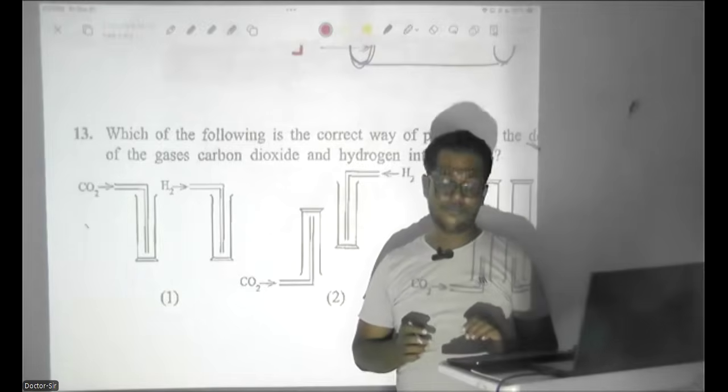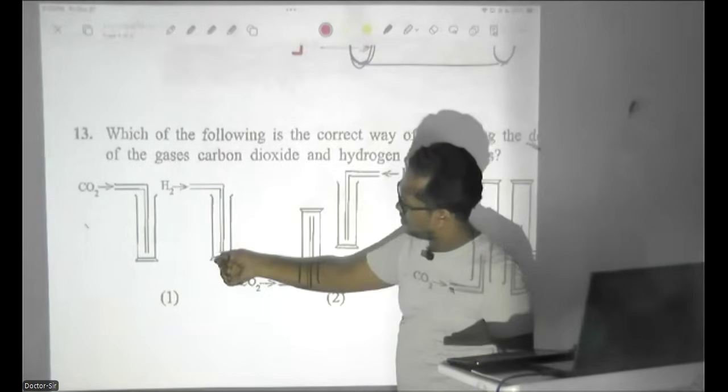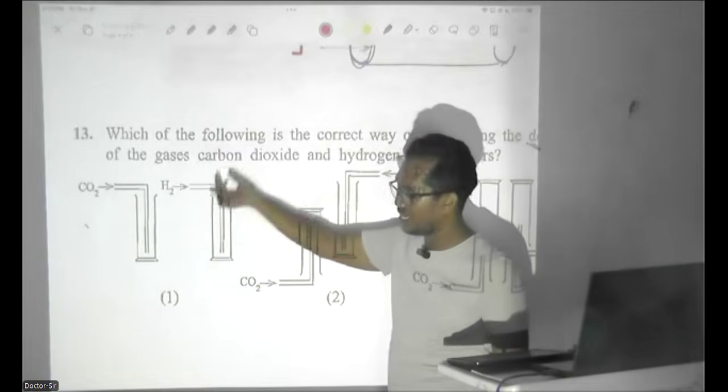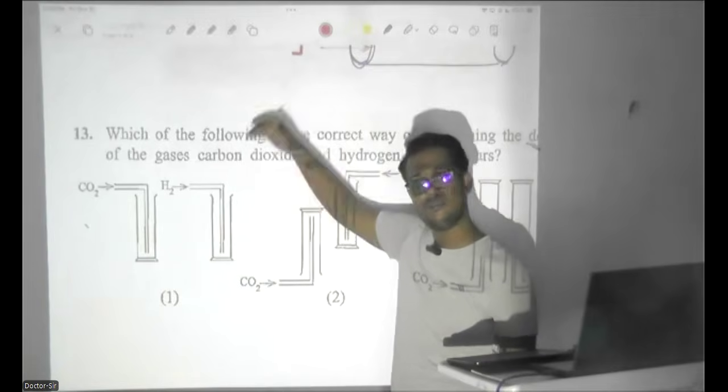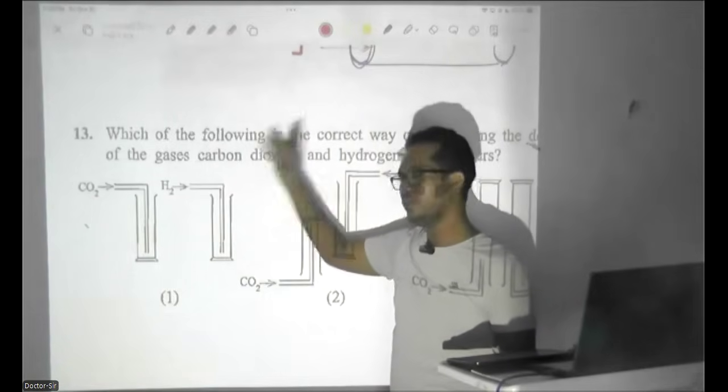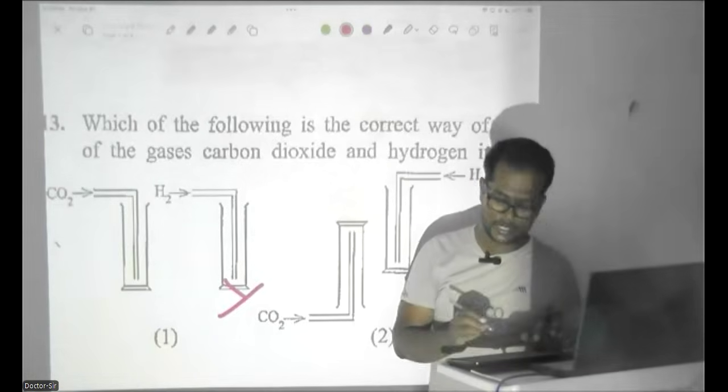So if we introduce it this way, all the gas will be released fast. Hydrogen goes upward, so it will leak out. So this method is not suitable for hydrogen.